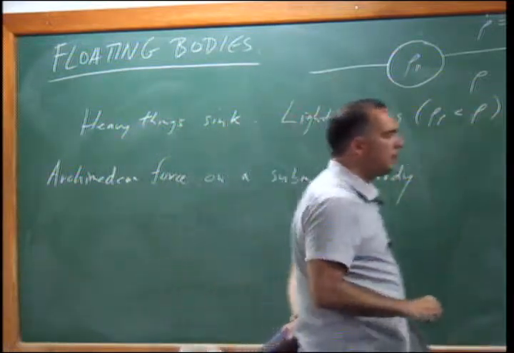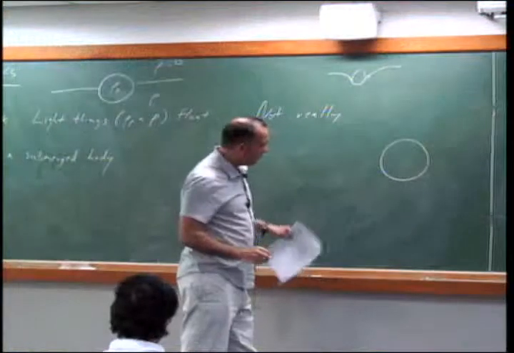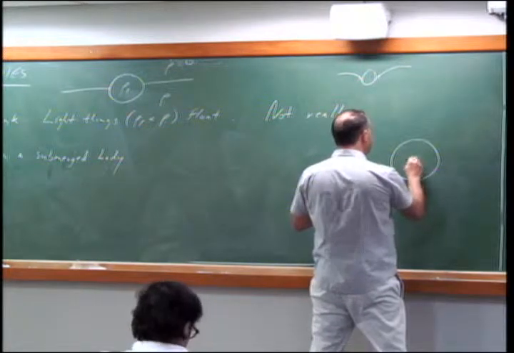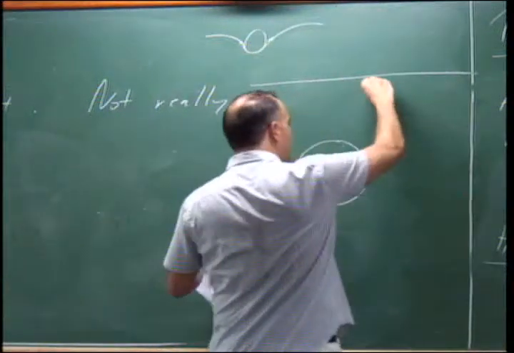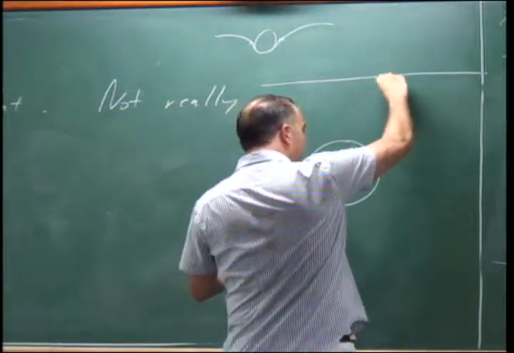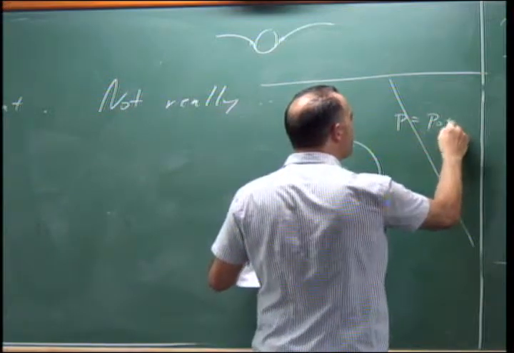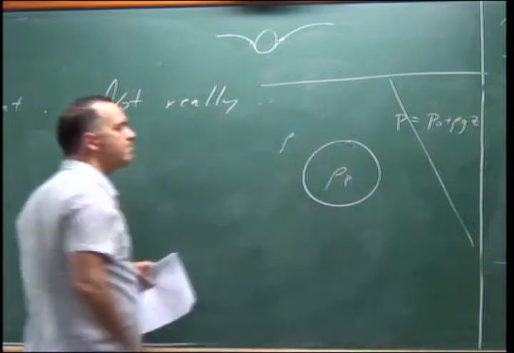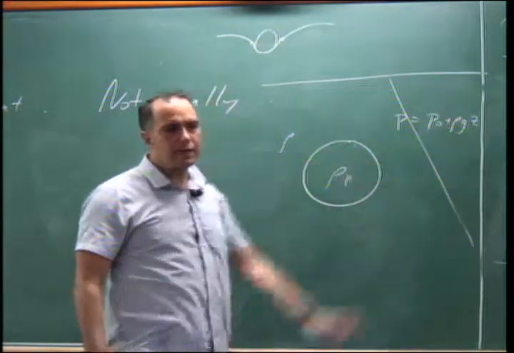So how do we calculate the force acting on some body floating within a fluid? So let's imagine it has density rho sub p, and we know that the pressure is increasing linearly with depth, at an amount prescribed by the density of the fluid.